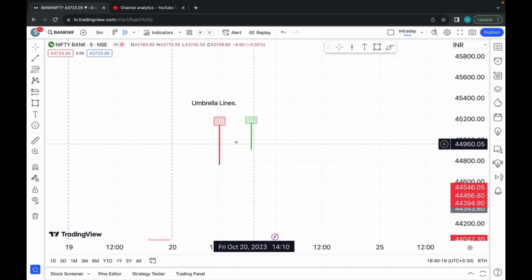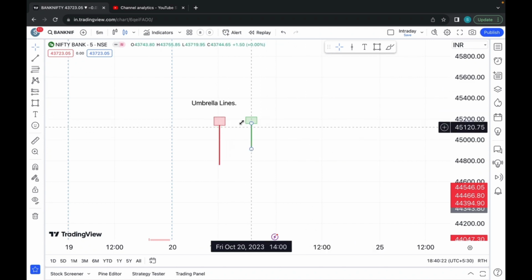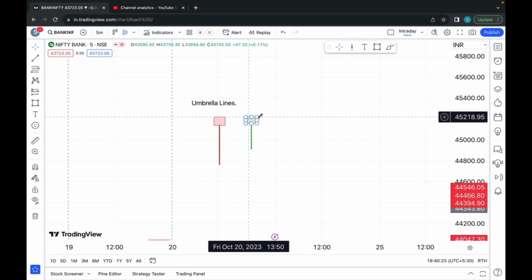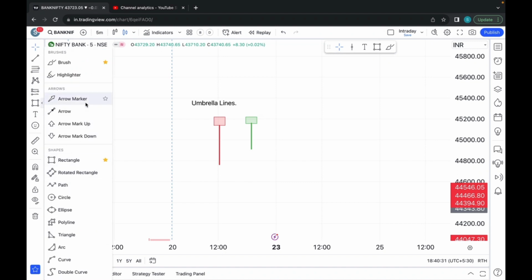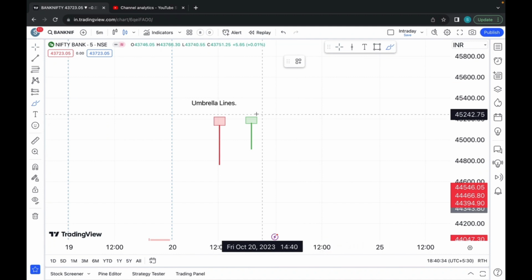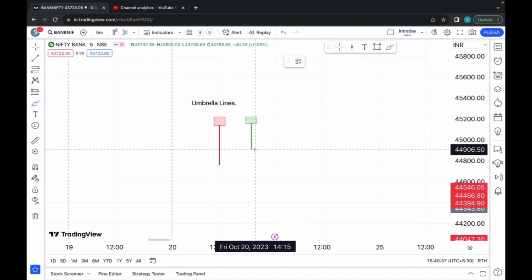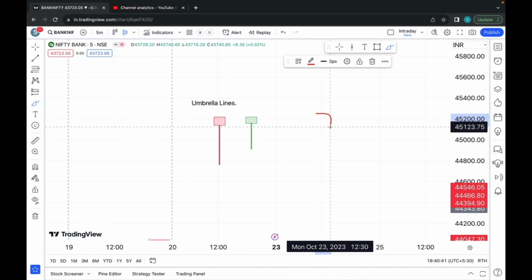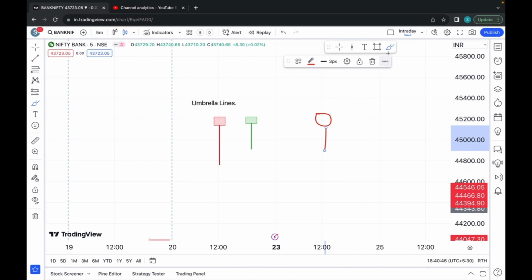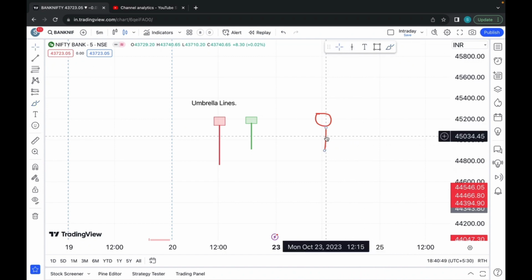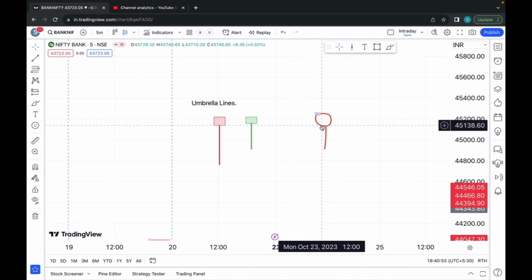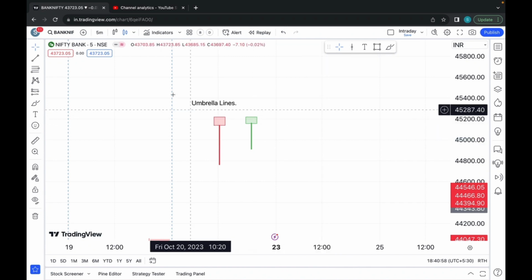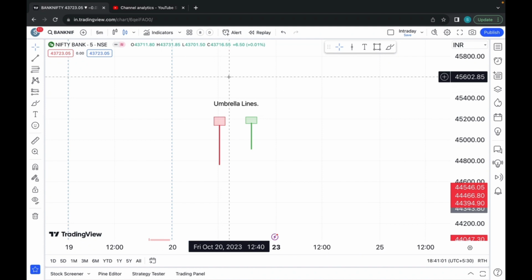All we are looking for is any candle which has the real body of the candle within the topmost range of the candle, and has a long lower wick. Any candle looking like that will fall under the category called umbrella lines.